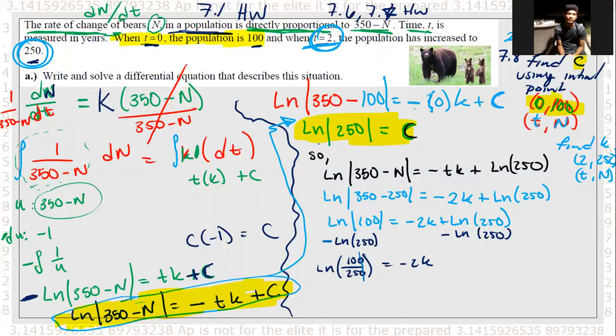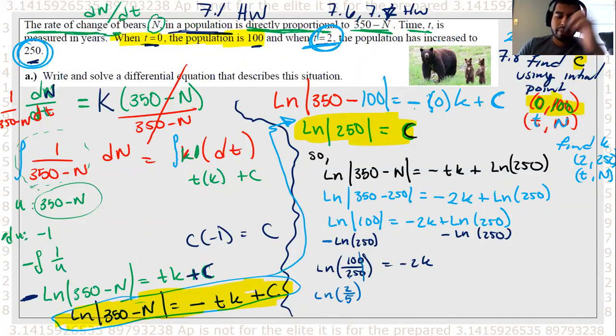Okay. And then I'm going to reduce it to a fraction right here. So I can divide by 5, right? 10 divided by 5, that's ln of 2 over 5, is equal to negative 2k. How do I get k by itself?